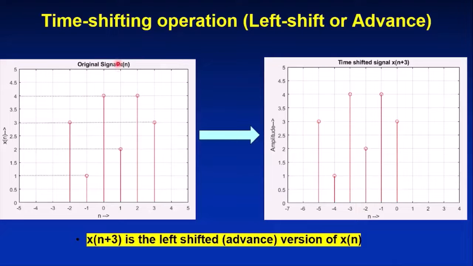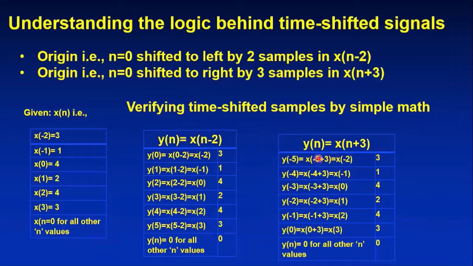For example, from x of n, you have obtained x of n plus 3 by left shift, but we want to verify whether it is correct. For that, let's say we already know x of n, we know the amplitude at each time instant, which are given here. X of minus 2 is 3. This is from the original signal.